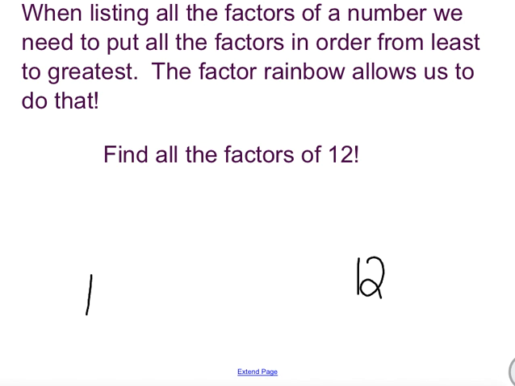And I connect it like so. Then I go and I say, what's the next factor? Well, I'm going to try 2. 2 times what will give me 12? So I'm going to put a little comma here to separate the numbers in my list.